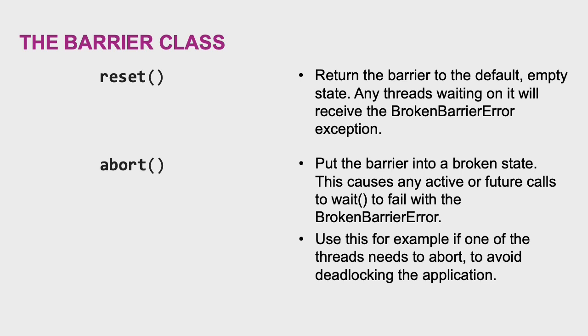Similar situation for abort. Abort puts the barrier into a broken state and causes all the threads that are waiting on the barrier to receive a broken barrier error exception that they have to catch and manage. Let me stress that if you receive an exception like this and you don't catch it and don't implement some logic to manage it, that thread terminates its execution.